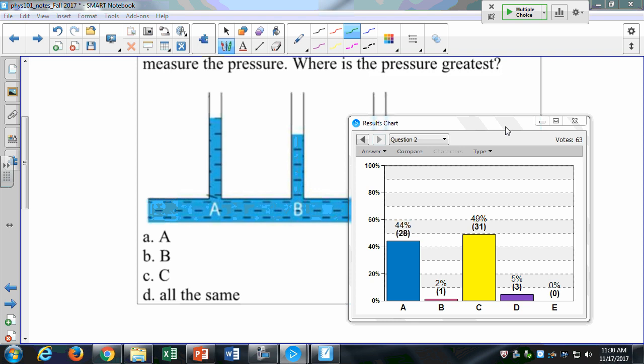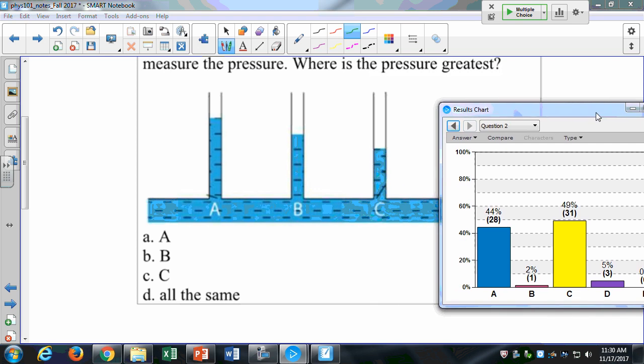Okay, it is either A or C. Look, you remember when we were talking about the manometer? If we were looking at a manometer, would a taller column of liquid denote a smaller pressure or a bigger pressure? Bigger pressure, right?